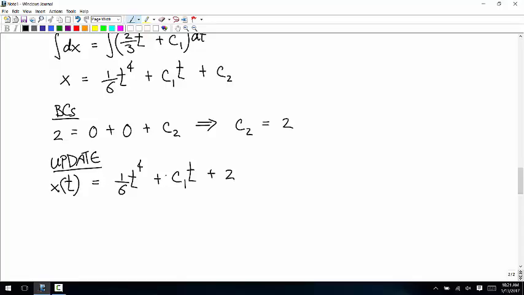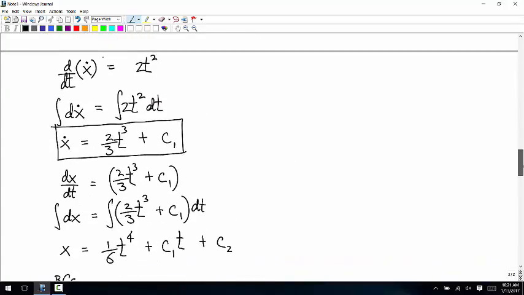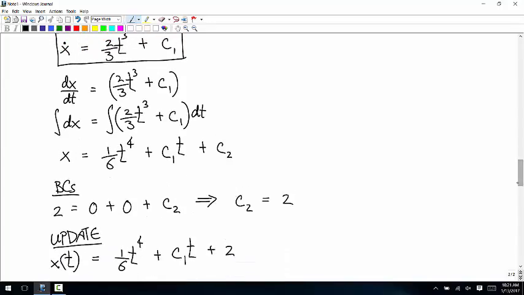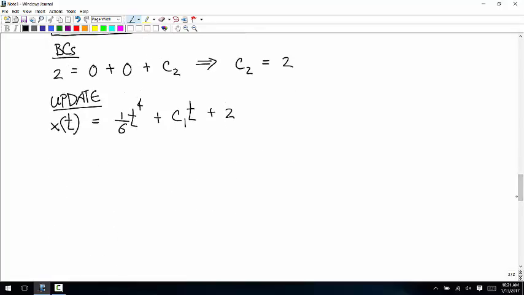The only thing we still need is that c1. Well, we have an expression for x dot there. We could just take the derivative of our updated function again. Boundary condition says when time is equal to 2, x dot is equal to 4.